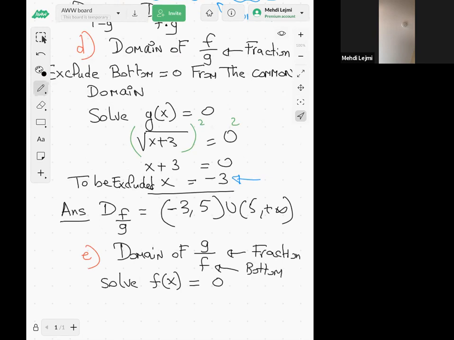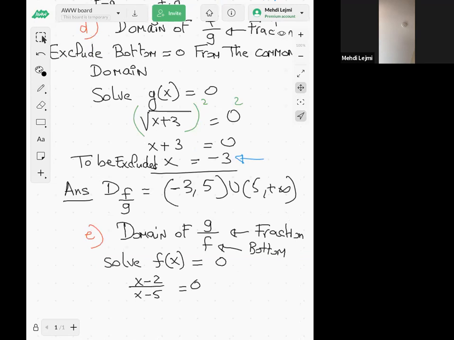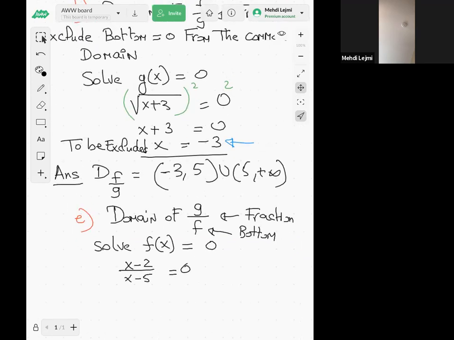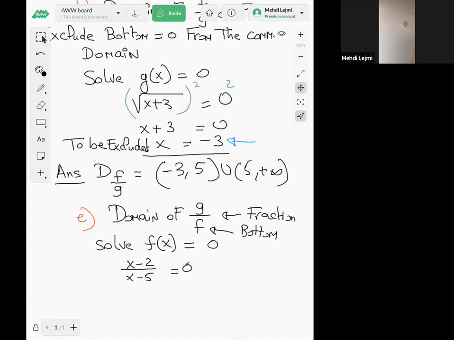Okay, and so f is, of course, x minus 2 over x minus 5 is equal to 0. So we have a fraction equal to 0, and whenever a fraction is equal to 0, it means that the numerator, the top, is 0, right? Because 0 over any non-zero number is 0.